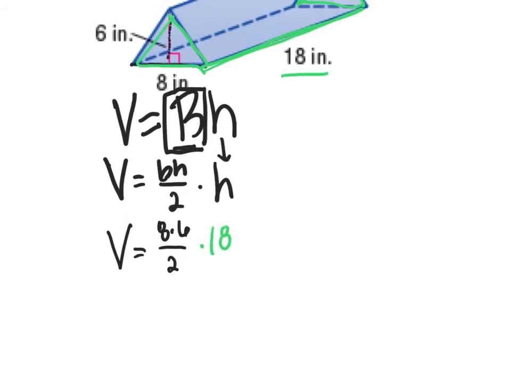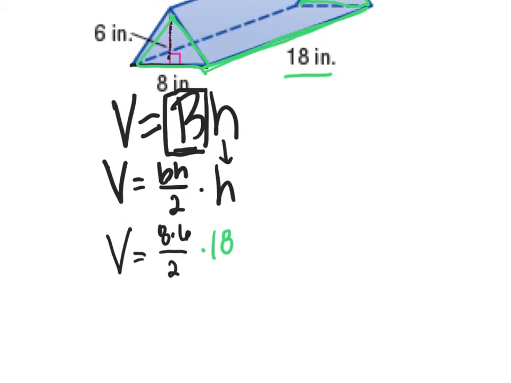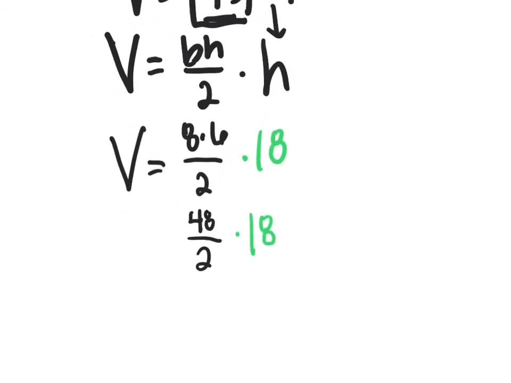So if we push it on up, 8 times 6 is what? 48. Divide by 2, times 18, that height. 48 divided by 2 is 24. And then times 18.